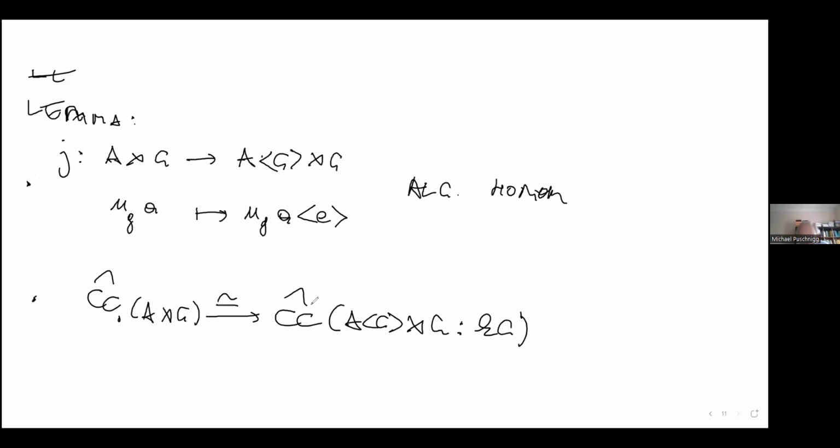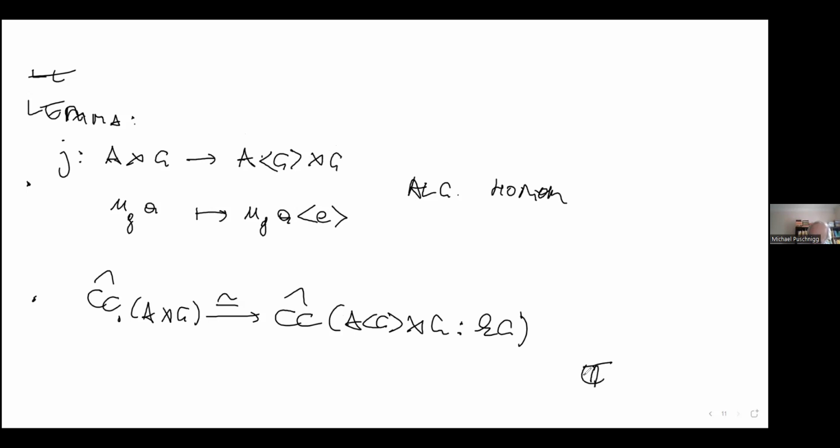I don't write it down because writing down is increasingly difficult. But the reason is that just this algebra here is a free bimodule over the group ring with basis J of A. So this is responsible for this isomorphism. It's a very, very simple calculation. And this is the first lemma.